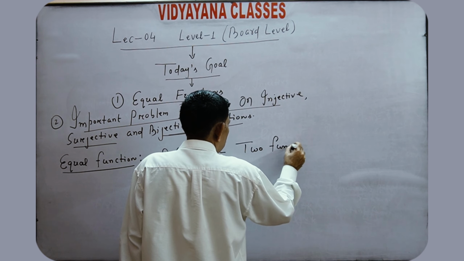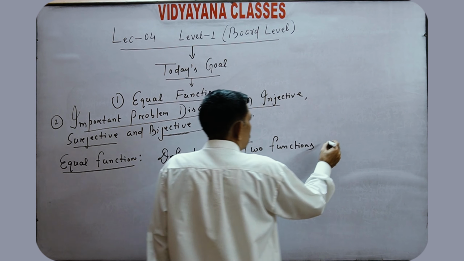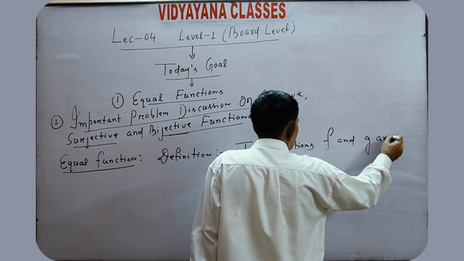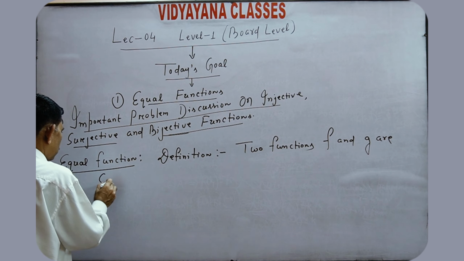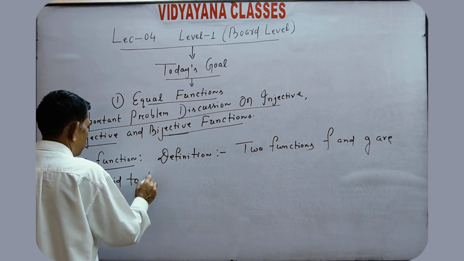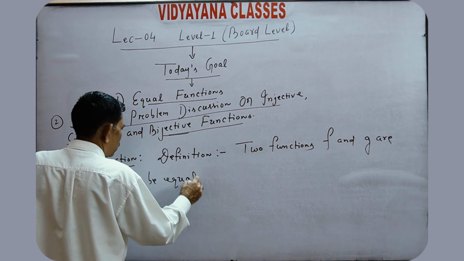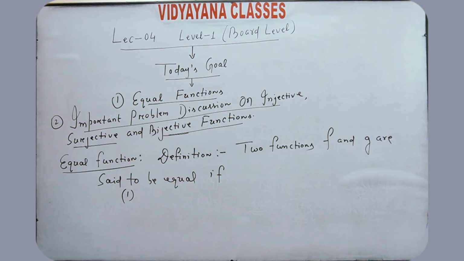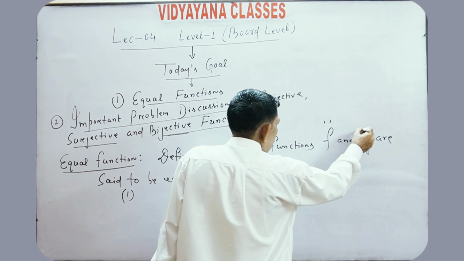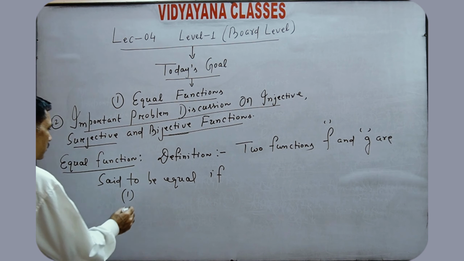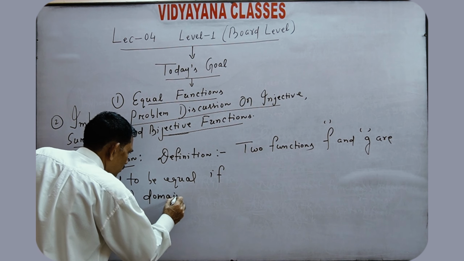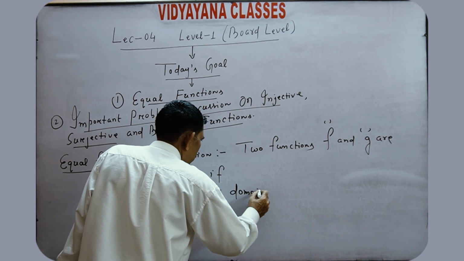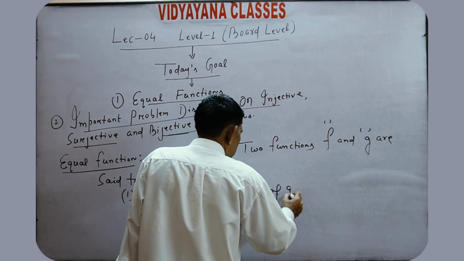Two functions f and g are said to be equal if, first condition, domain of f is equal to domain of g.